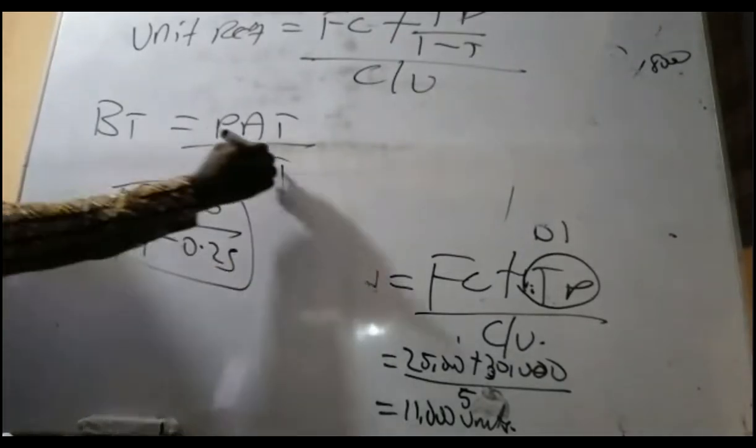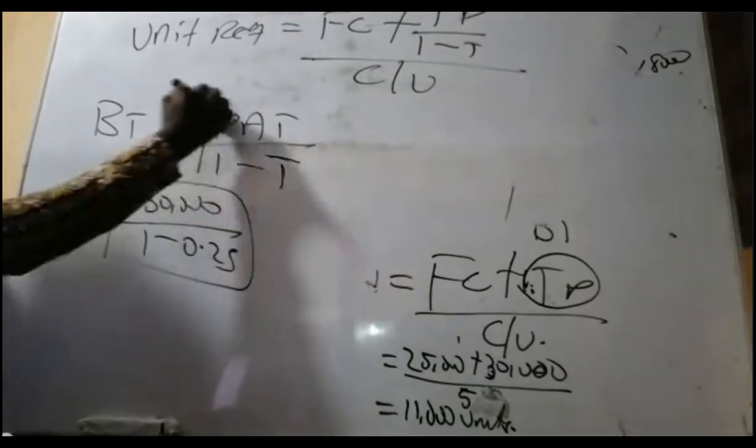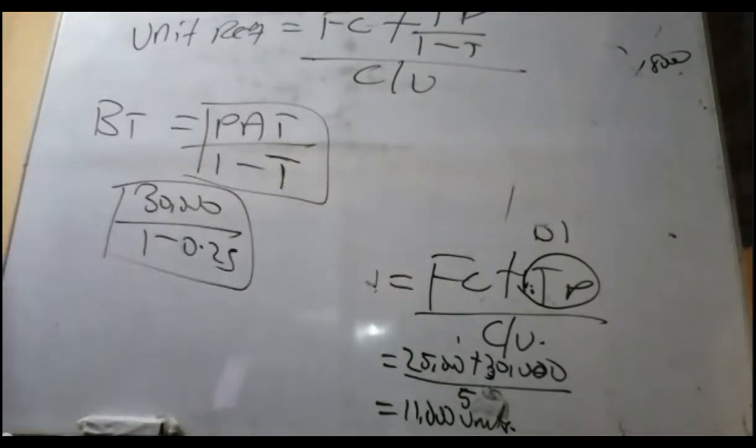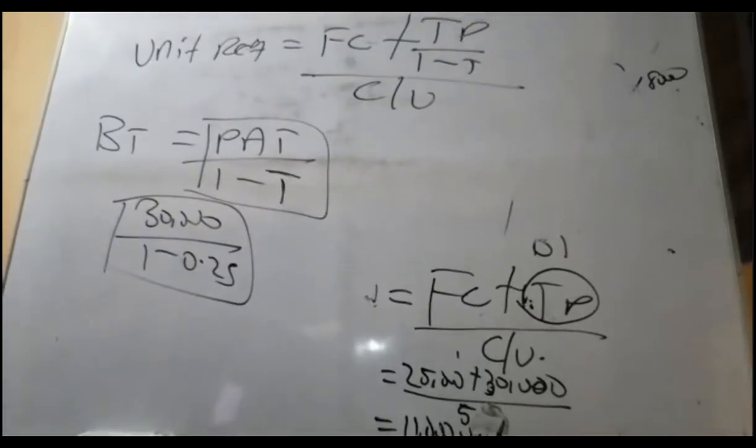That's all. This is 1 minus T, where T is the tax rate given to you in the question.